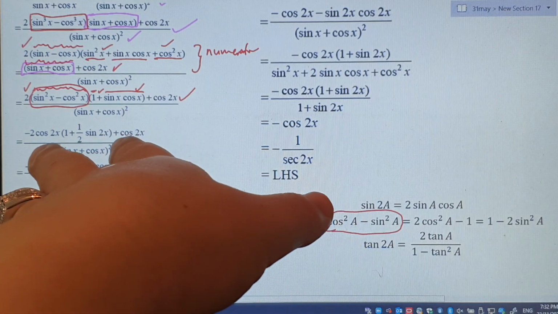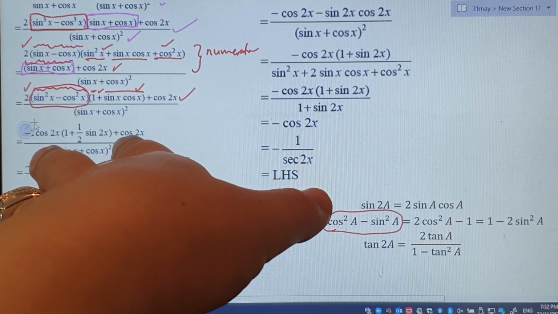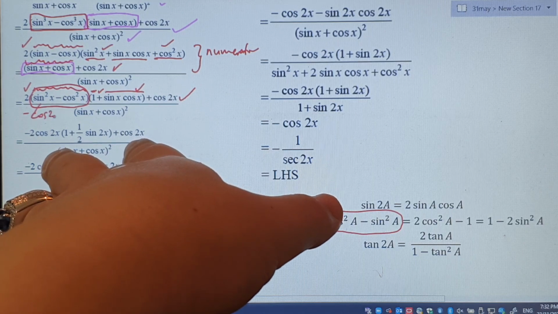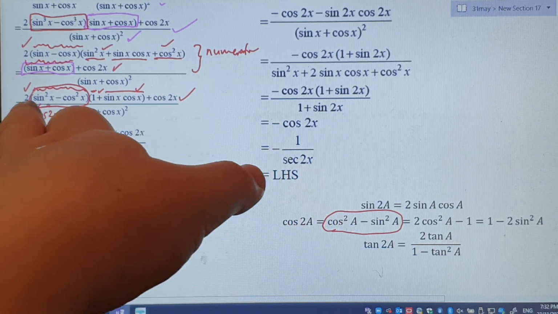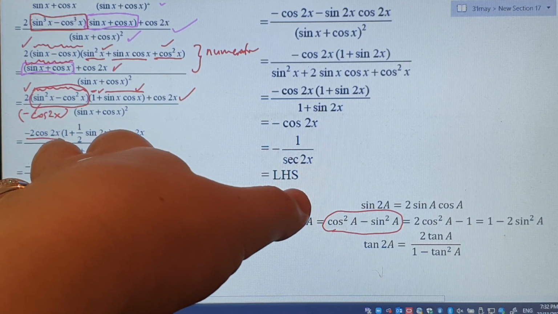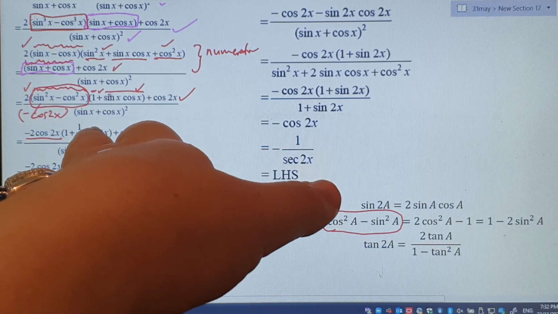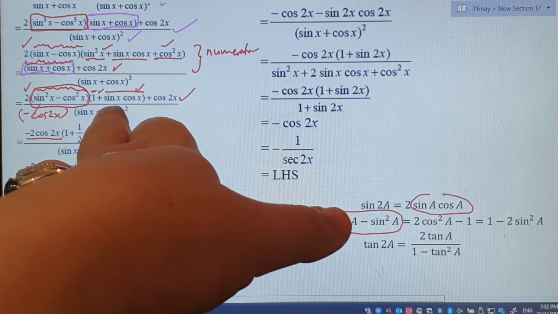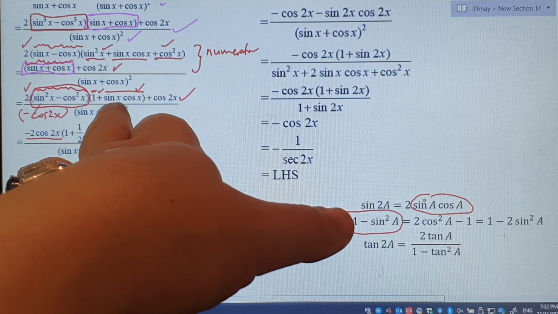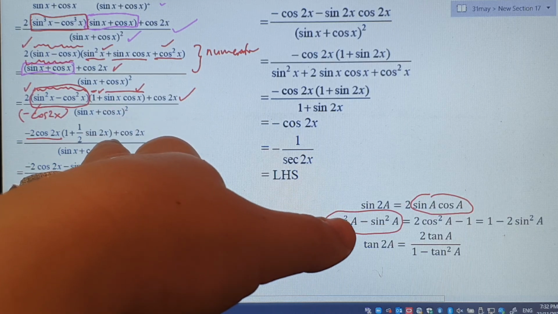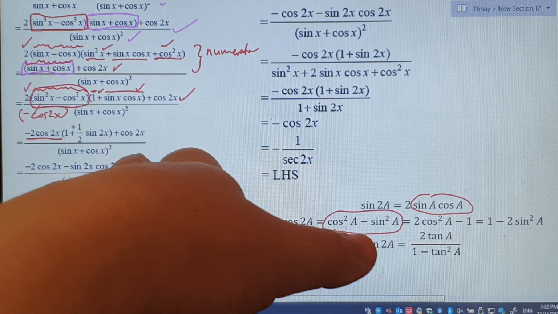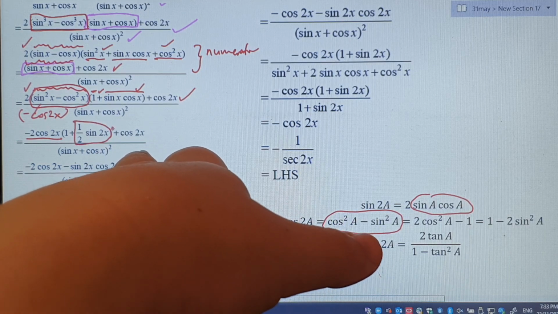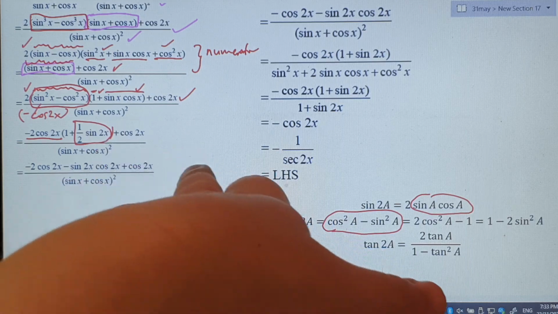So this is actually minus cos 2x. Then when you take minus cos 2x times 2, you get minus 2 cos 2x. So this is the part here. And this, what is going on here? I make this the subject. When I make this the subject, it is sine 2x divided by 2. So this is where it came from.